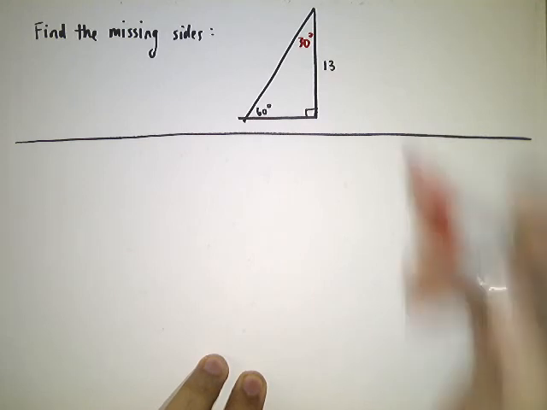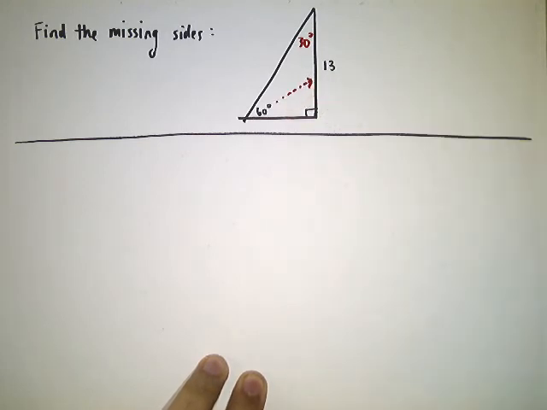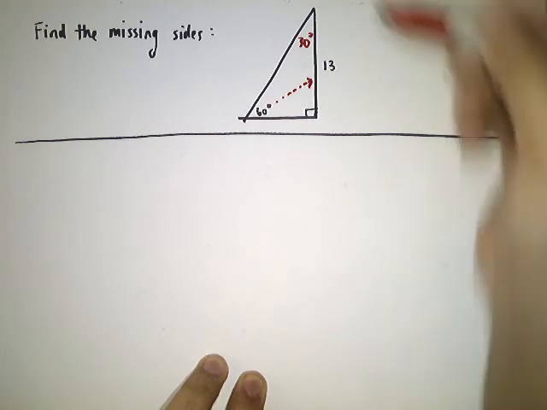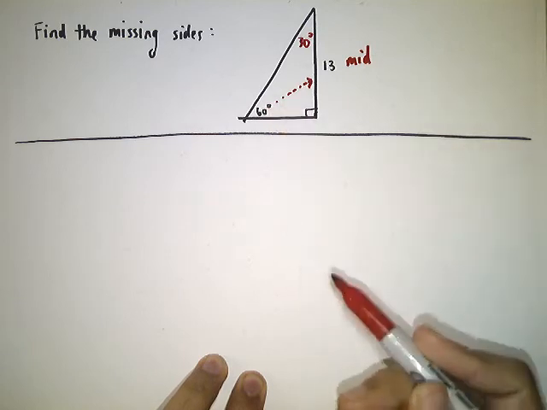We know that opposite the 60-degree angle is a 13-unit side, so that's actually going to be the mid side because it's opposite the middle angle.